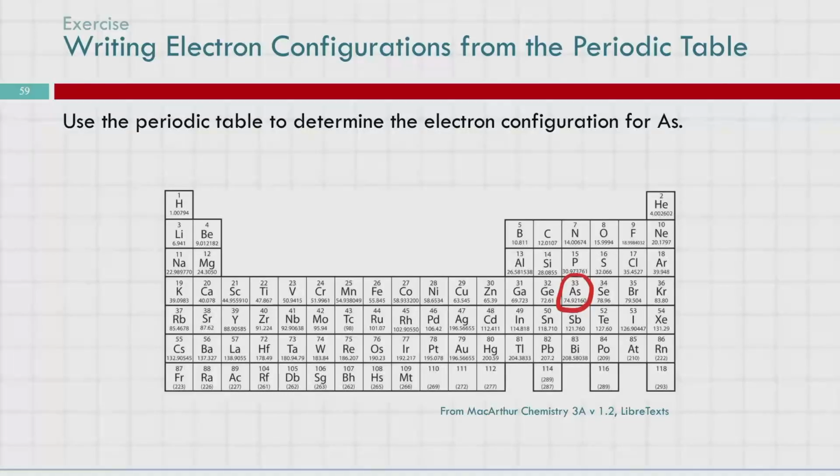All right, what are we starting with? Argon. Argon is our previous noble gas. So argon in brackets. What this does for us is it says we're good up until 18.